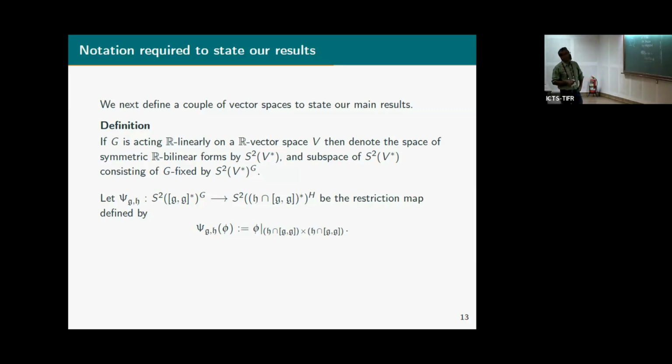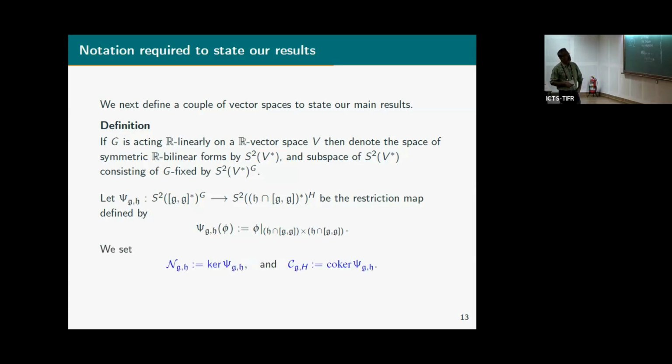I take a compact Lie group G, take the commutator, take the symmetric bilinear forms on the commutator, take the G-invariant bilinear forms, and you intersect with H. Of course, the restriction gives an H-invariant bilinear form. Let's denote this restriction by phi_GH. This is the restriction. So I need this notation.